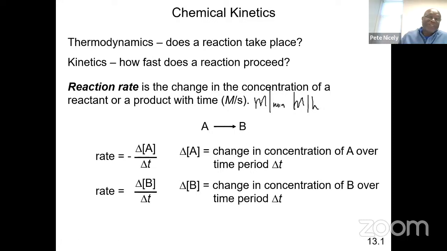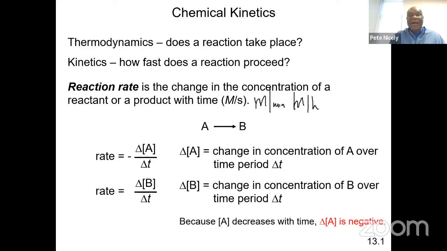So those are just two ways of expressing the rate, and which one you choose to use is largely dependent on convenience, to be perfectly honest. There are some reactions which lend themselves to measuring the concentration or the amount of reactants, and there are other reactions where, based on the properties of the product, that would be the most convenient product or substance to monitor while you're looking at how fast the reaction is going.